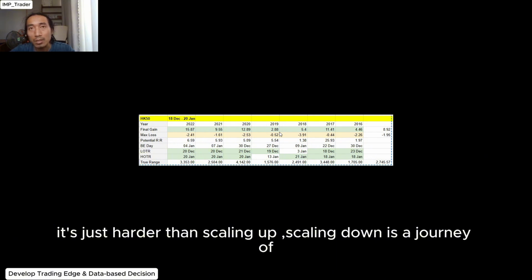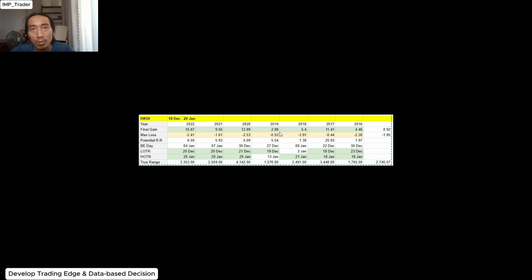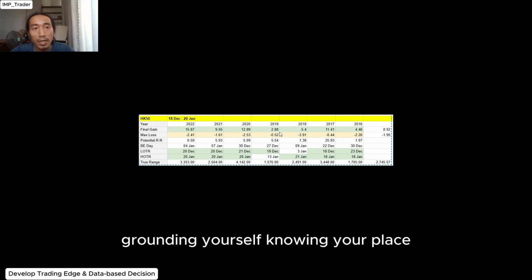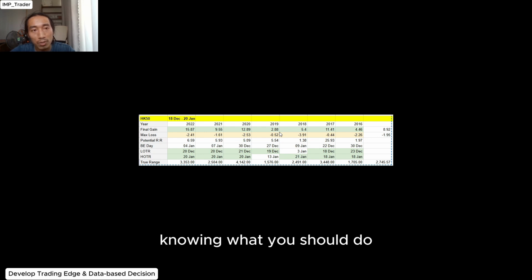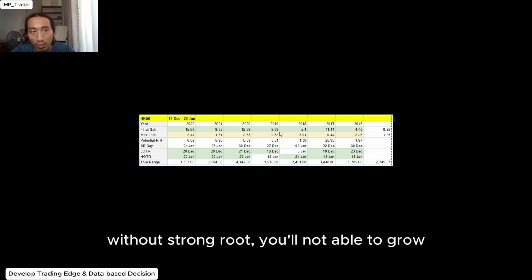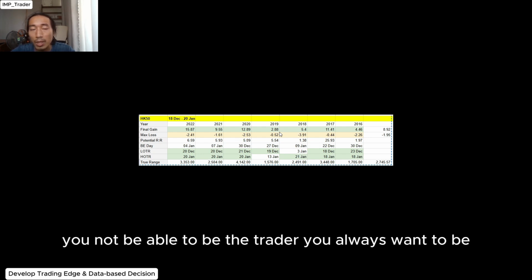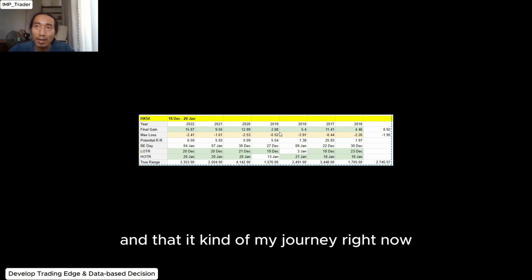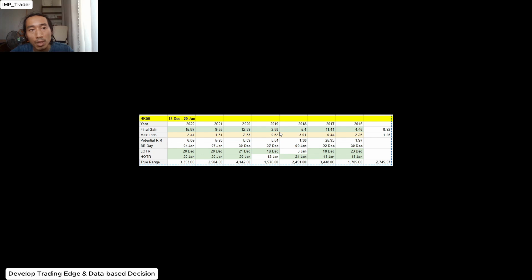Scaling down is a journey of grounding yourself, knowing your place, knowing what you should do, knowing that without a strong foundation, without a strong root, you're not able to grow. You'll not be able to be the trader you always want to be. And that is kind of my journey right now.